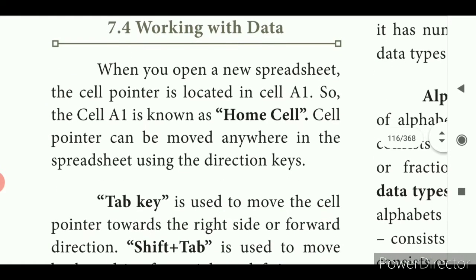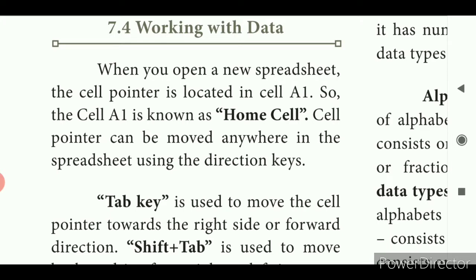Direction keys means the arrow keys: left arrow, right arrow, down arrow and up arrow. The tab key is used to move the cell pointer towards the right side, or forward. If your cell pointer is in A1 and you press the tab key, it moves forward.